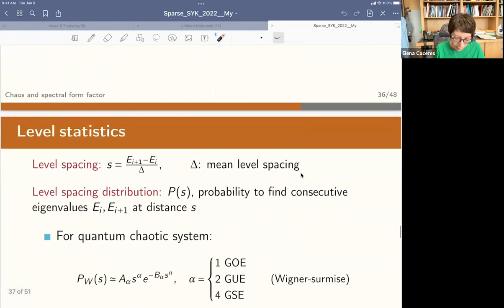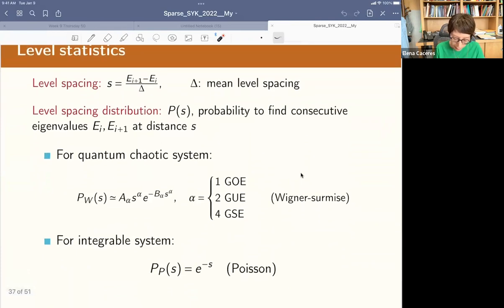Okay, we know this. So I guess this is the main thing. If you define the level spacing as the difference of energy divided by the mean level spacing, the Wigner surmise prediction is that for a quantum system, the probability of finding consecutive eigenvalues at a distance s is going to follow something like this.